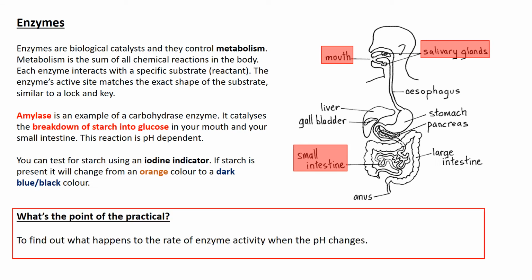So in this experiment, what we're looking to see is the absence of starch. You can do this two ways. You can either use iodine indicator to see whether the starch is broken down, or you can use another indicator to see if glucose is made.